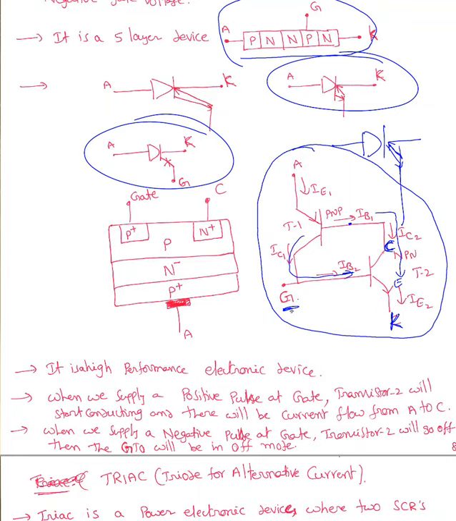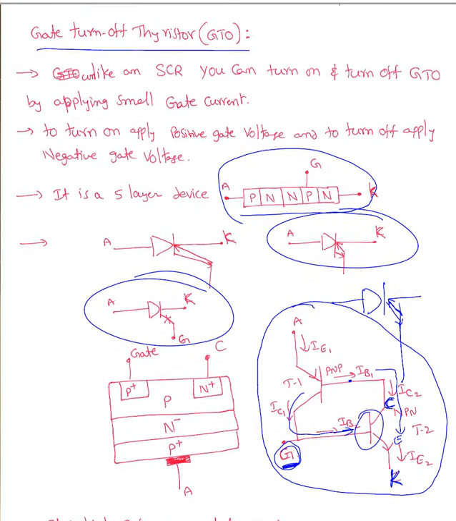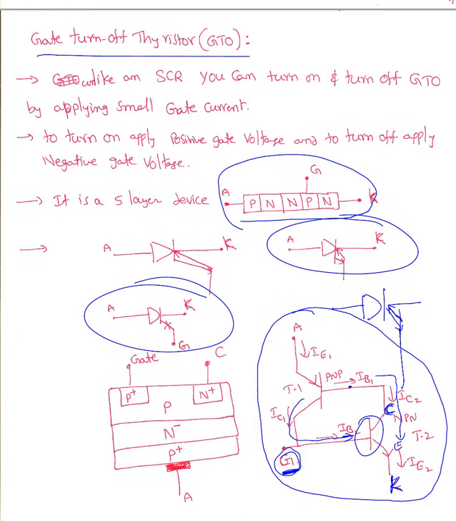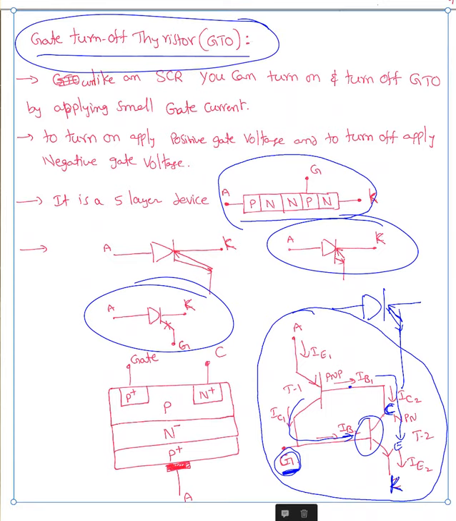Now whenever I give a negative value to this gate, automatically this junction is going to act like an open switch. Whenever it is open, there won't be any current passing through this. So it's a very simple technology. By using gate turn off thyristor, we can turn it on and turn it off by applying a gate voltage.